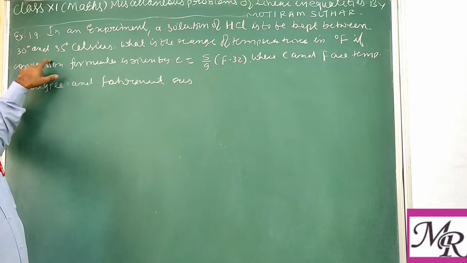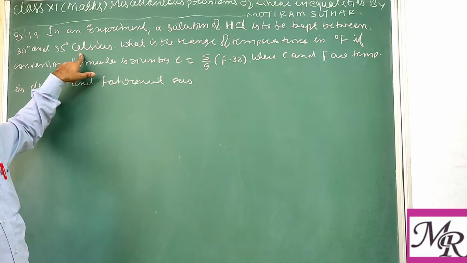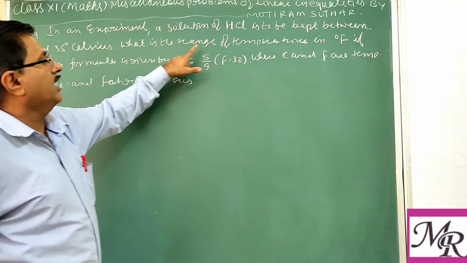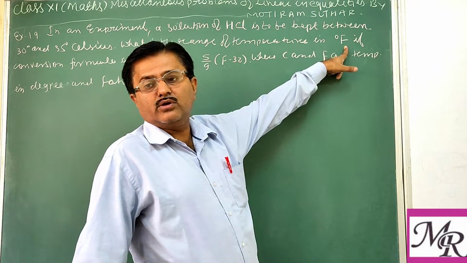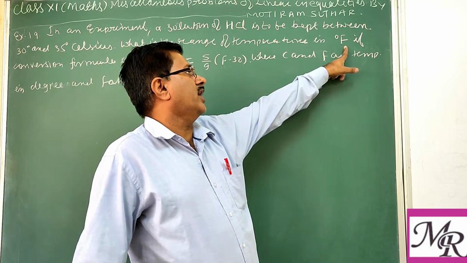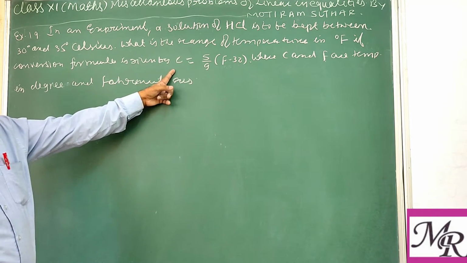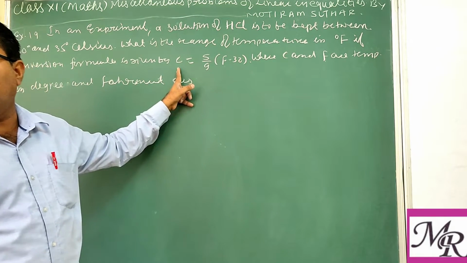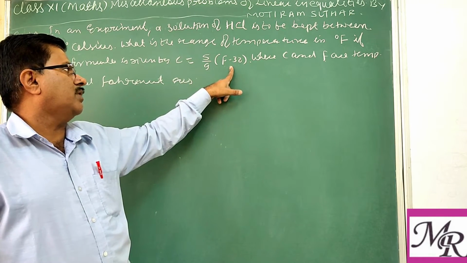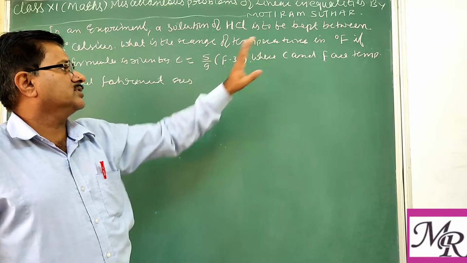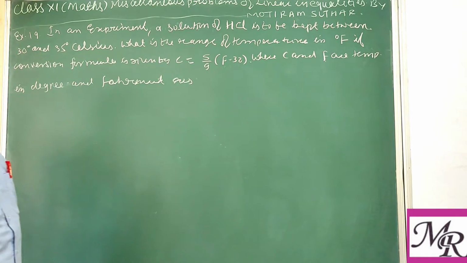So we are given the temperature in degrees Celsius. Then it asks what is the range of the temperature in degree Fahrenheit. So you have to convert into degree Fahrenheit. The conversion formula is already given, that is C equal to 5 by 9 into F minus 32, where C and F are the temperatures in degree Celsius and Fahrenheit.